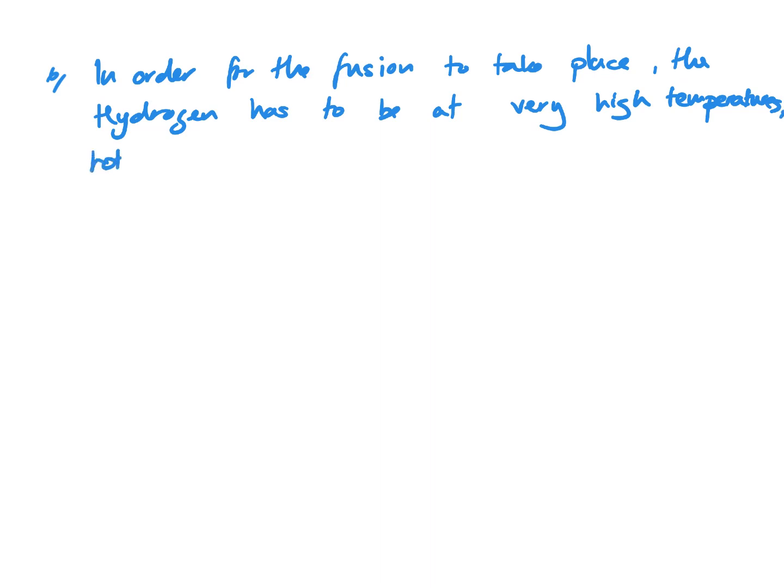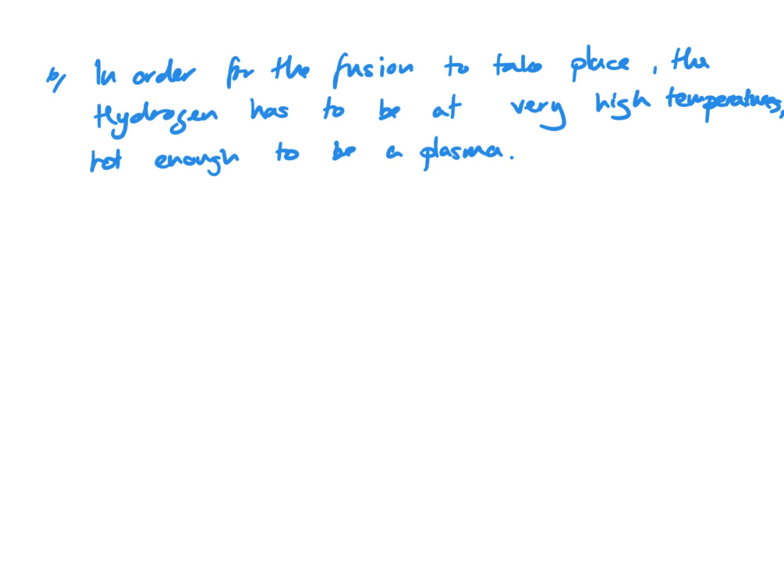Hot enough to be a plasma, which means basically all the electrons have been stripped off and your atoms broken down into separate nucleus and electrons. But the problem with that is it's so hot that you couldn't put it in a standard container. It would literally just melt the container straight away.